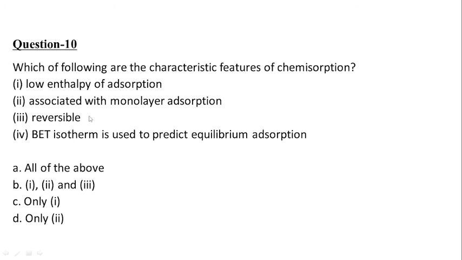Chemisorption is irreversible. And option 4, BET isotherm is used to predict equilibrium adsorption. Chemisorption involves the usage of Langmuir isotherm to model equilibrium. So option 4 is also incorrect. So the correct answer for this question will be option D.